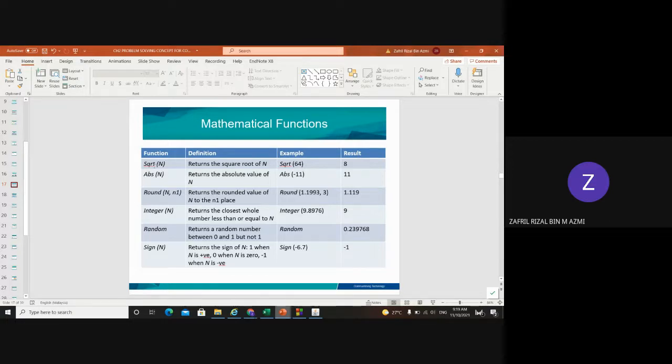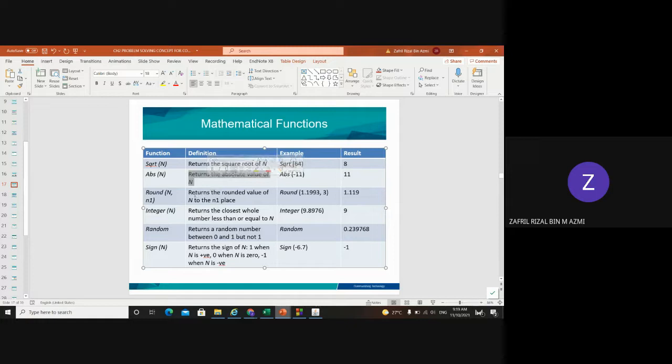You just call this function sqrt, and then you put the number you want to square root inside here. Then you will get the result. If you are not using it, then you need to write down the equation to calculate the square root for 64. That one, later on, how to write down an equation in a computer program. Okay, so this is an example.